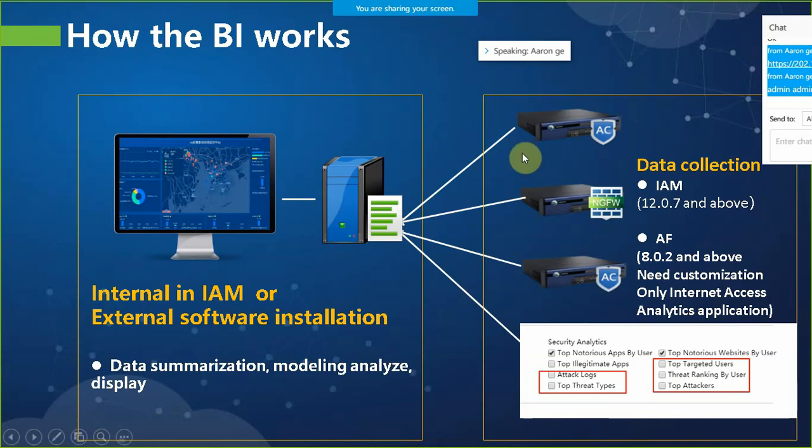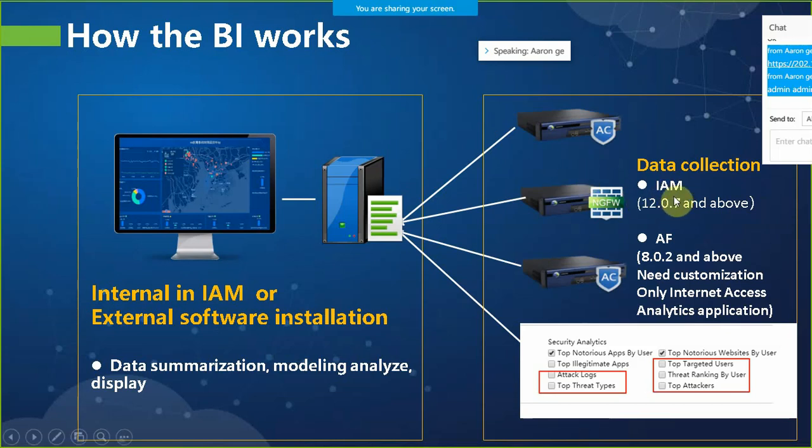To use this platform, because it collects the data from IAM, the IAM firmware has to be 12.0.7 and above. We suggest you deploy the latest firmware for this BI platform.